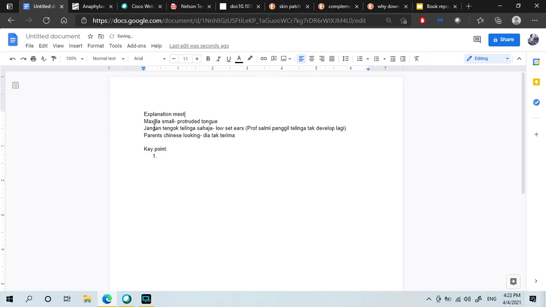Okay, so you mungkin nak tengok low set ears. Mungkin you nak tengok single palmar crease. Because those are the key points. Because kalau kata short stubby fingers, budak ni baru lahir very difficult, isn't it? So single palmar crease dengan low set, okay. Tapi low set ni tunggu sebab kalau baru sangat tu dia tak kembang lagi telinga dia tu. So but kalau kata single palmar crease tu very very highly lah.